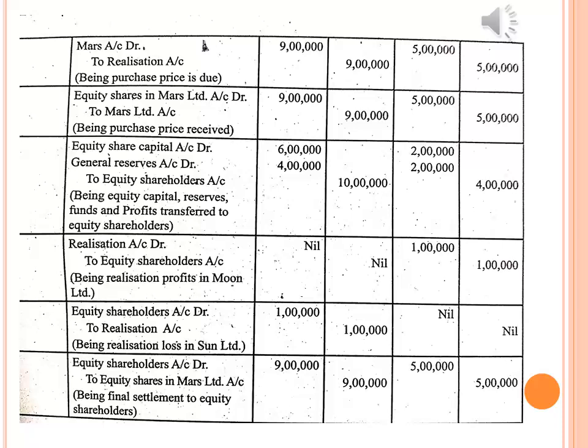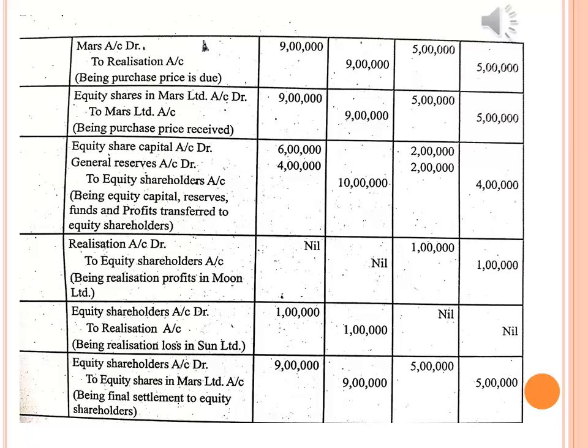Next entry is realization account debit to equity shareholders. The profit we found in the purchase consideration table has to be transferred. In the case of Moon Limited it is a profit. In the case of Sun Limited it is a loss: equity shareholders account debit to realization, 1 lakh.